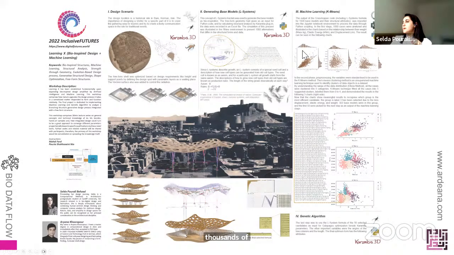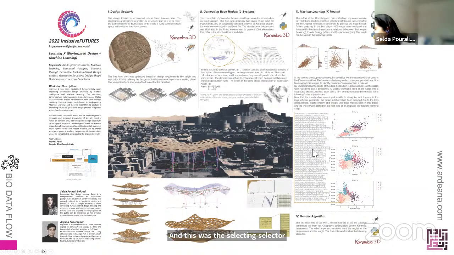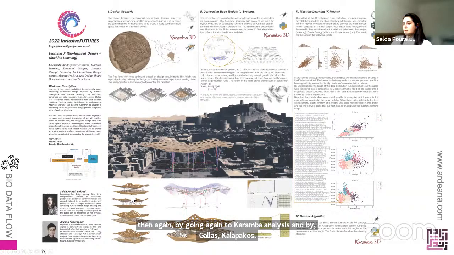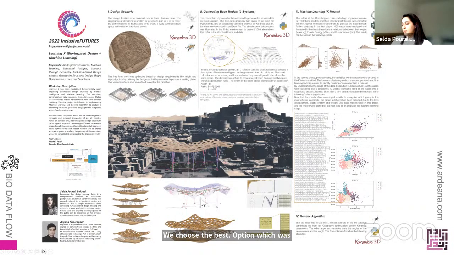This was meaningless data for us, and then we changed it to be meaningful by clustering. And this was the selector. These were the selected formulas. And then again, by going to Karamba analysis and Galapagos, we chose the best option, which was this, according to our design.